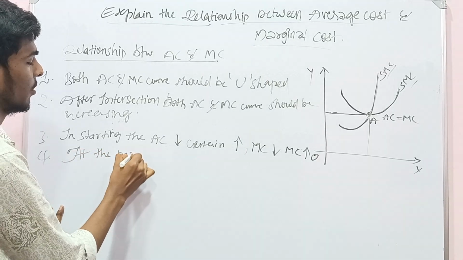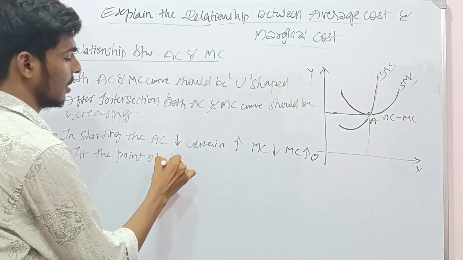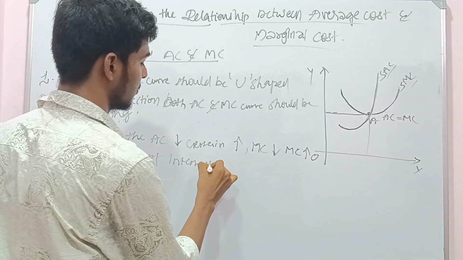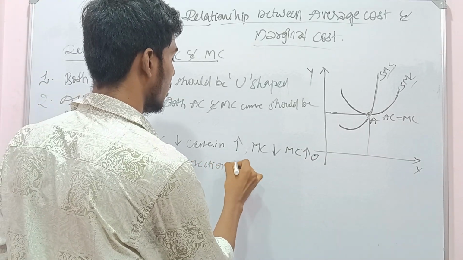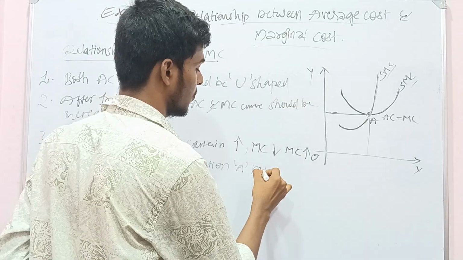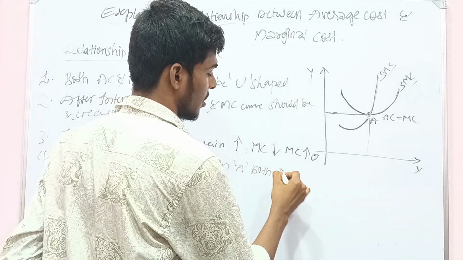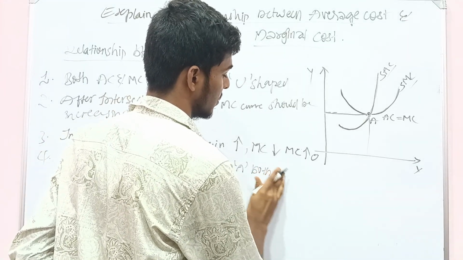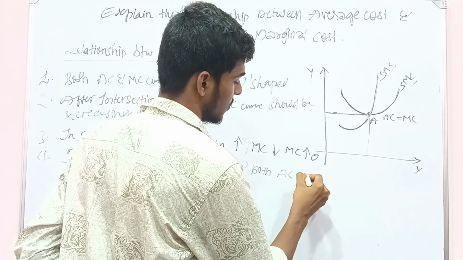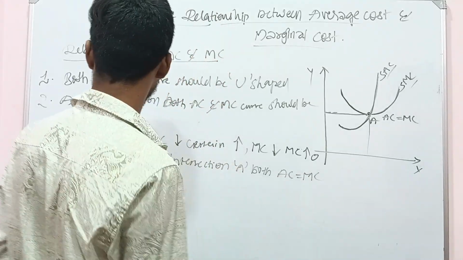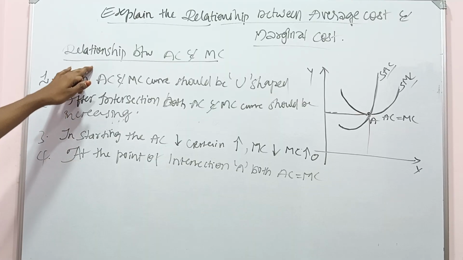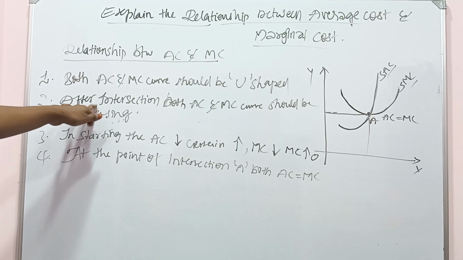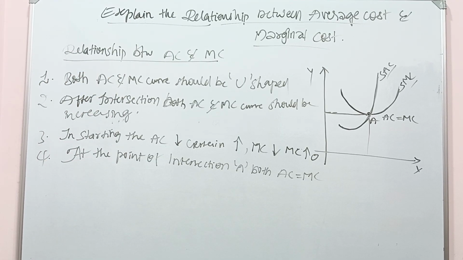At the point of intersection A, AC is equal to MC. This is the relationship between the average cost curve and the marginal cost curve.